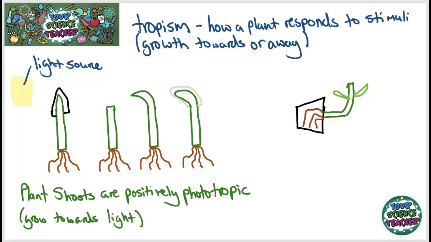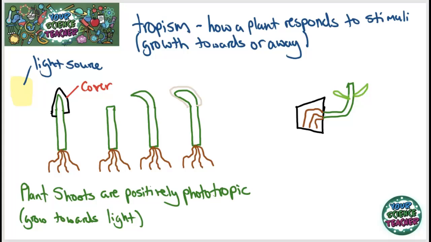Here I've got different germinating seedlings, and I have done different things to their top of the root. Here I've put a cover on the top of my plant, my newly germinated seedling, and as you can see, what has happened to it is it has just grown vertically upwards.